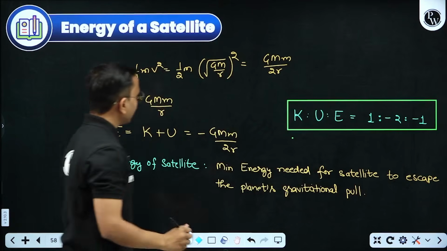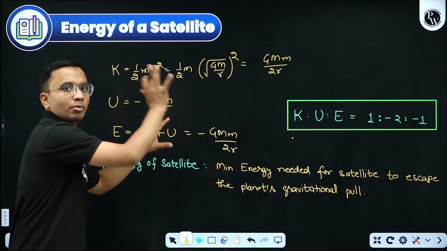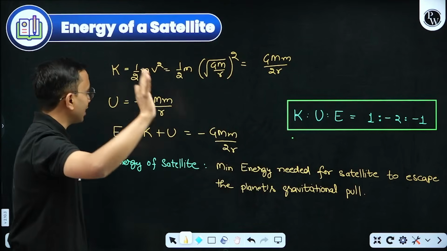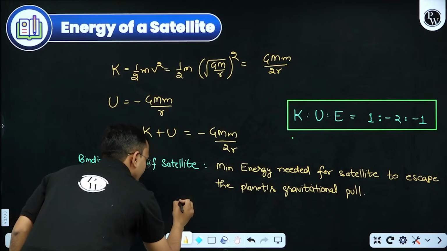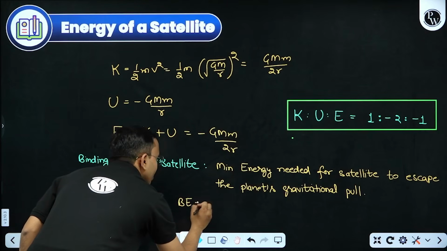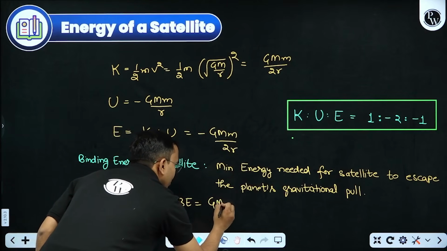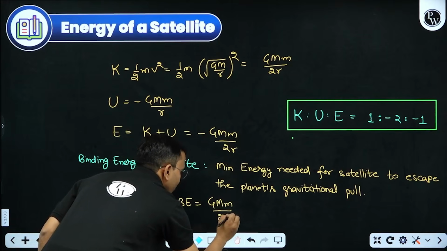Okay, and how much is that? The total is negative, you give the same amount of that, that will become 0, it means it can escape to infinity. So I'll say this binding energy is equal to GM by 2R.